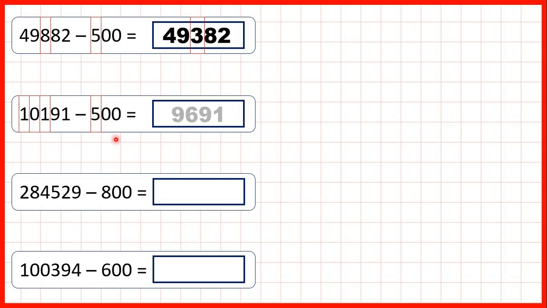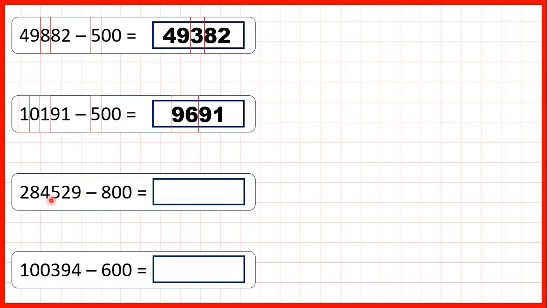That's 96. So our answer is 9,691, because 101 minus 5 is 96, and then our tens and ones digits stay the same because we're not subtracting any tens or ones.